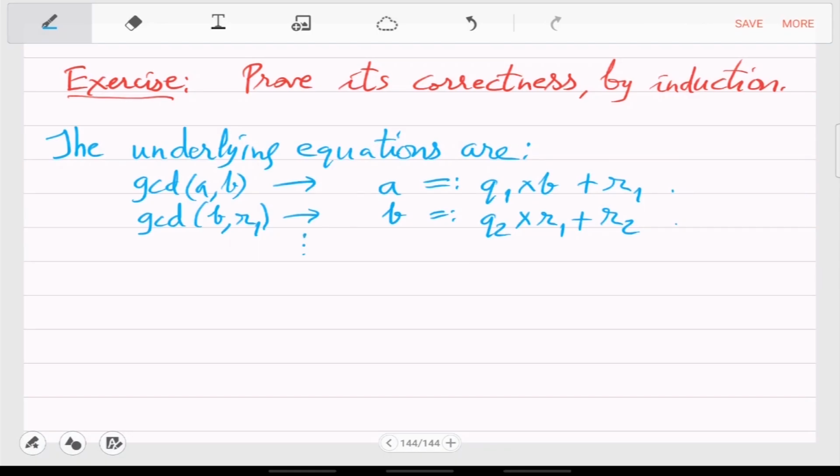So let's say there are k steps, so you reach Rk minus 1, Rk, which will give you the definition of, I think, k plus 1.